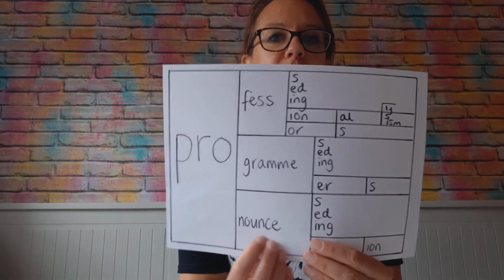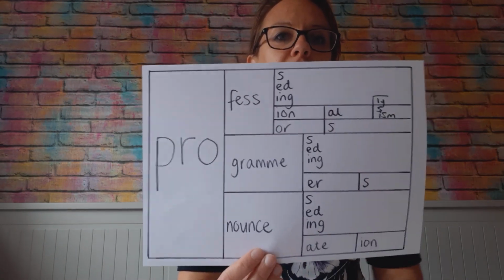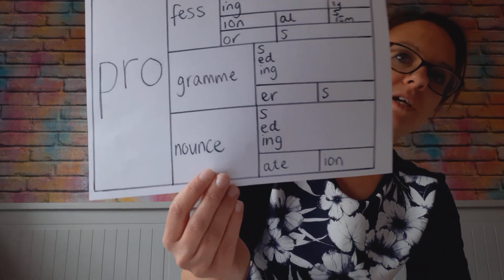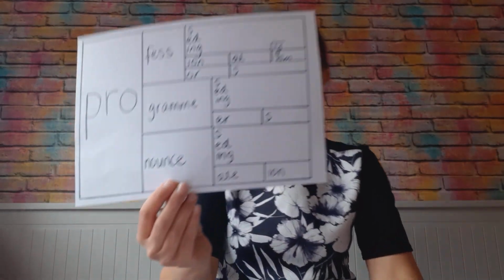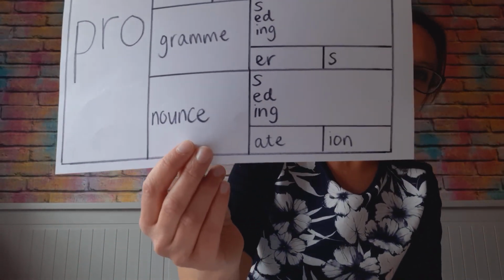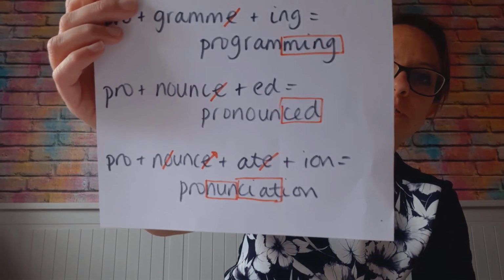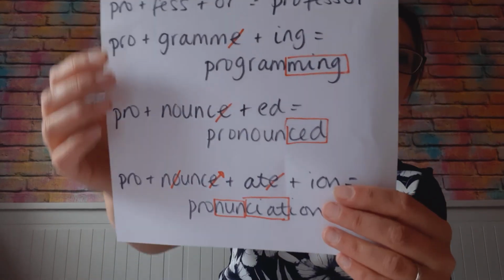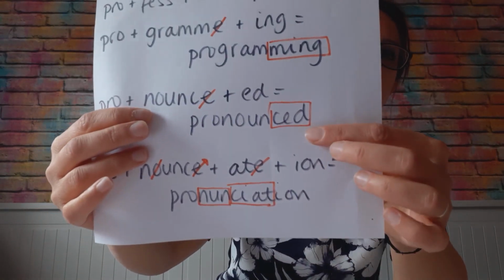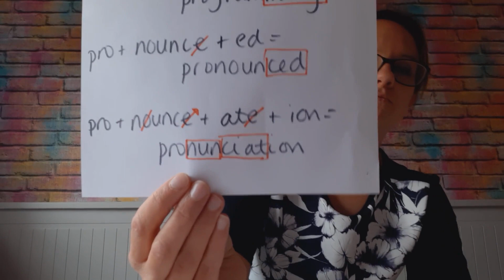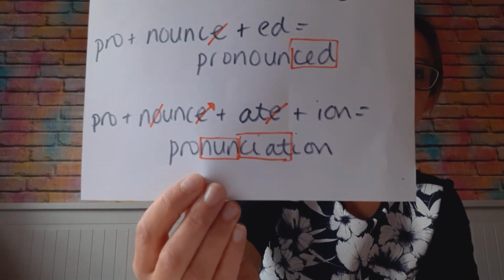And then we've got pronounce there, okay, so again, that nounce is about enunciating, it's that speaking. Okay, so pronounce, it's basically that kind of announcing, speaking forward about something. So we've got pronounced there with the dropping of the E to add the ED. And then this one is the really tricky one, pronunciation.